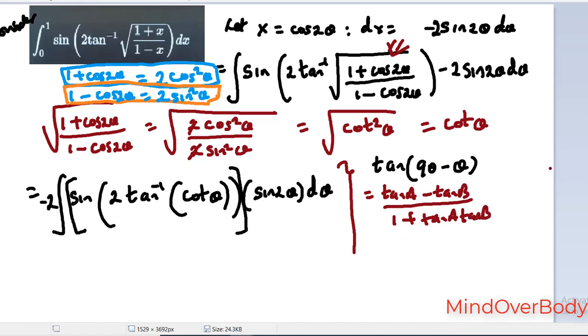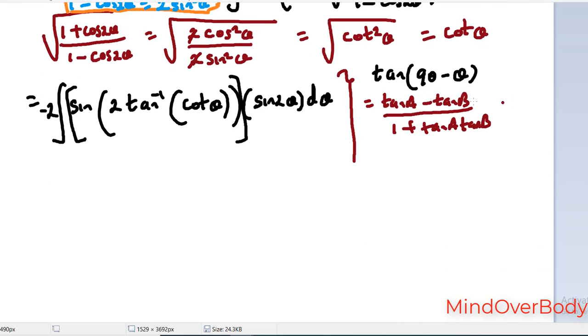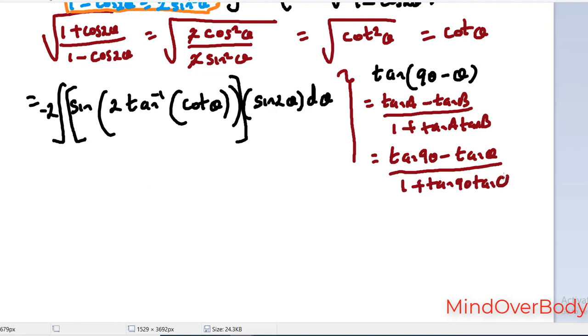So if I were to substitute 90 for a and theta for b, this is going to be tan 90 negative tan theta divided by 1 positive tan 90 times tan theta. Now what is tan 90? Tan 90 is sin 90 over cos 90. Cos 90 is 0, but sin 90 is 1. So we are getting 1 over an undefined quantity. We need to set that up.